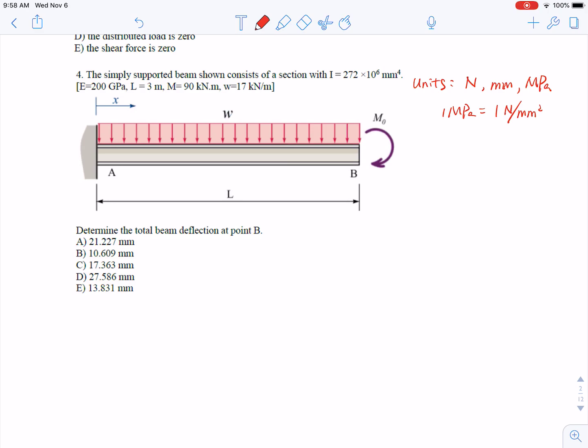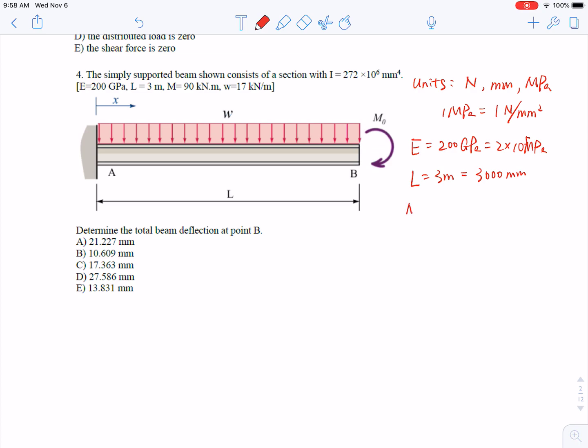Right, so here our modulus of elasticity, E, will be 200 GPa, or 2 by 10 to the 5th MPa. And L equals 3 meters, or 3000 mm.